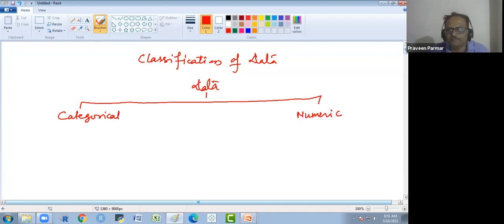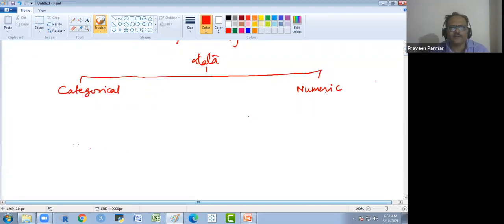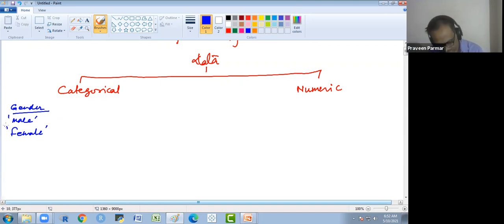As categorical data, suppose you have a column like gender. Here the categories are male and female. Whatever the categorical data, it is always in strings. If we put them in quotes in a programming language, single quotes or double quotes, it doesn't matter.